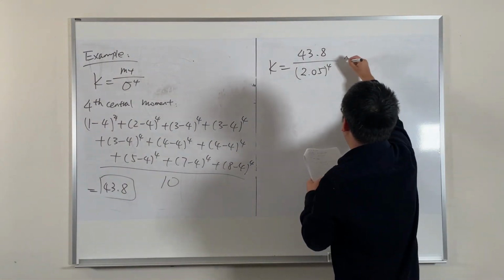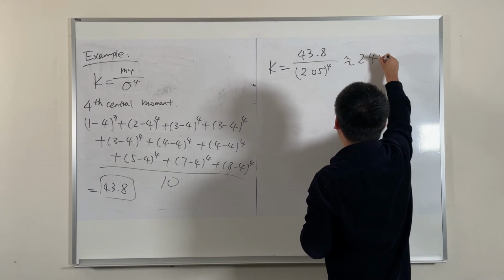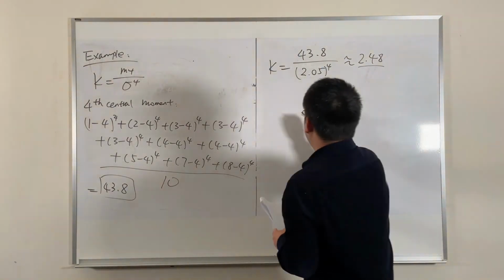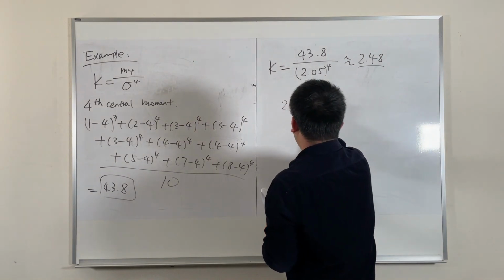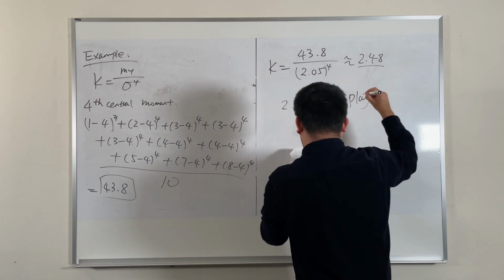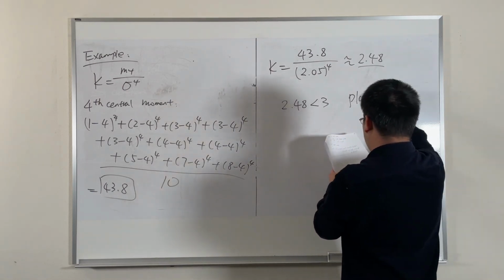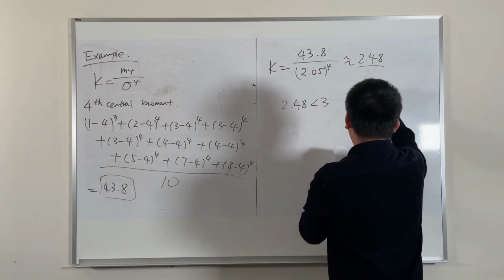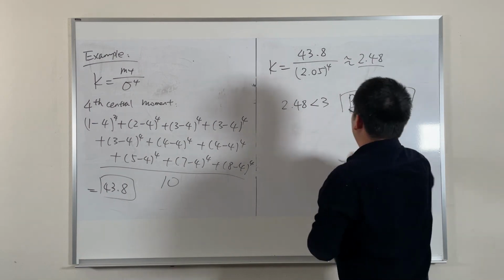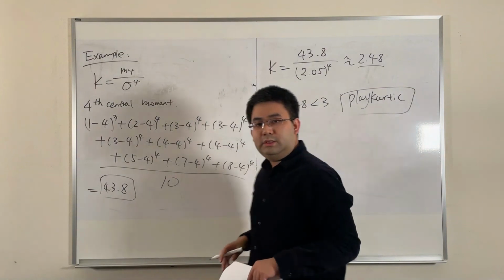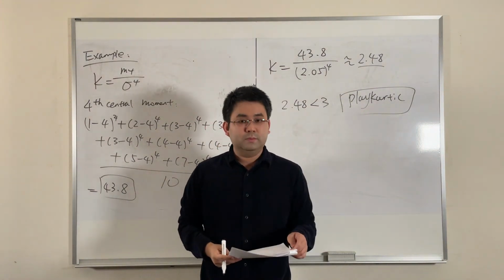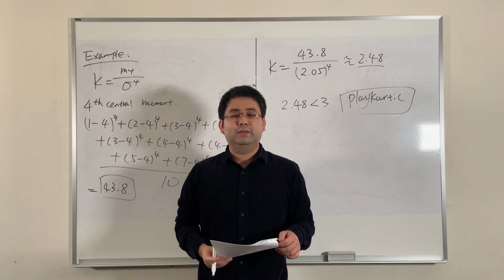That's approximately 2.48. Now you compare this number with 3. Since 2.48 is less than 3, the type we have, the kurtosis we have, is platykurtic. Very good. This concludes our topic of skewness and kurtosis, and I'll see you in the next video. Thank you for watching.